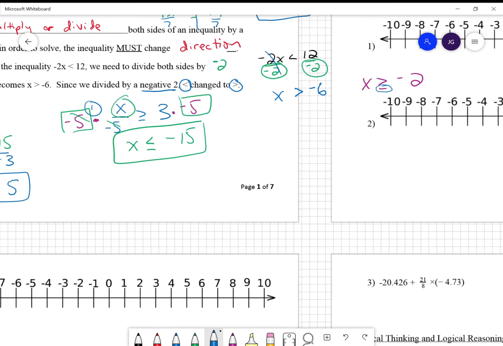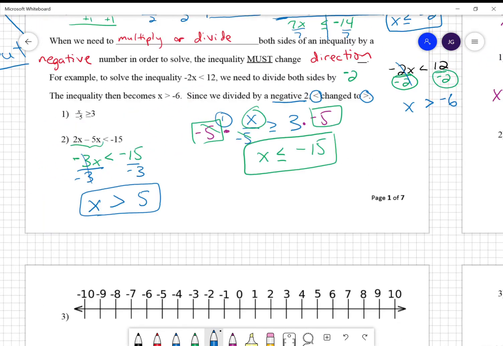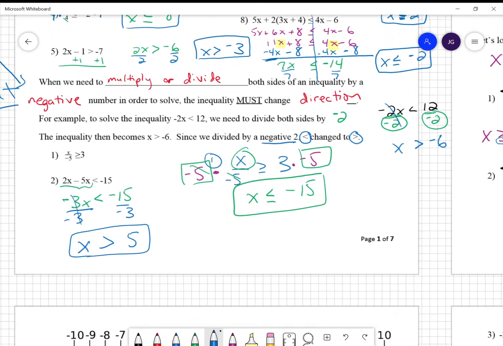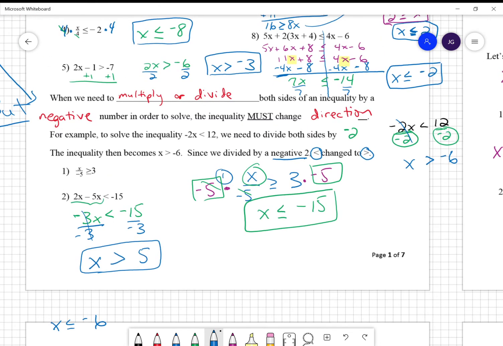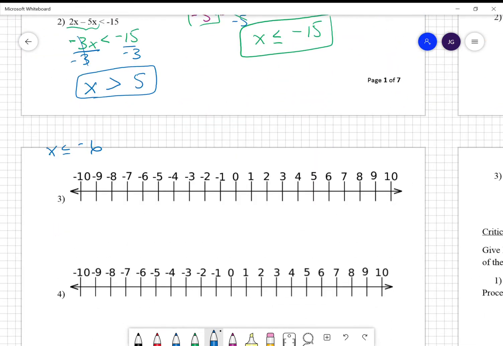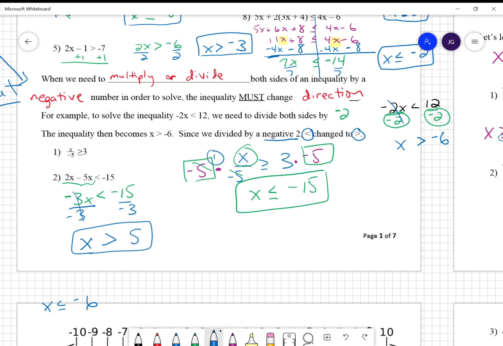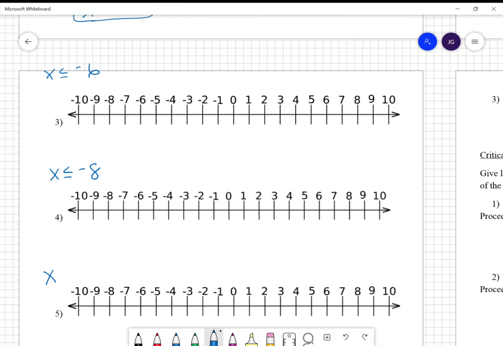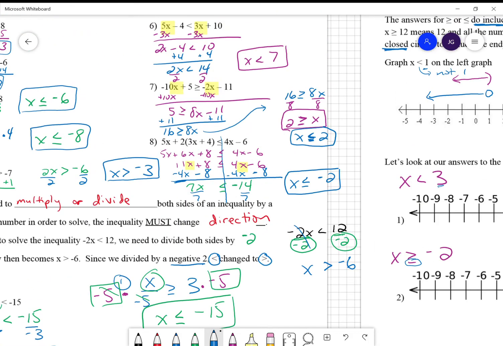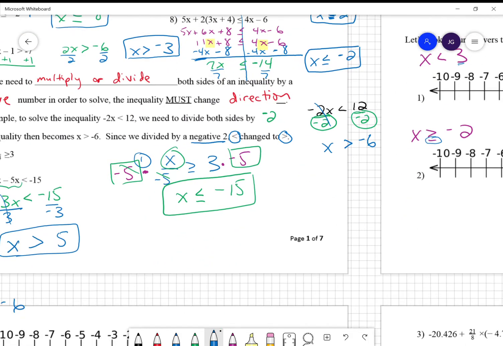Number 3, the solution was X is less than or equal to negative 6. Number 4, X is less than or equal to negative 8. Number 5, X is greater than negative 3. Number 6, X is less than 7.